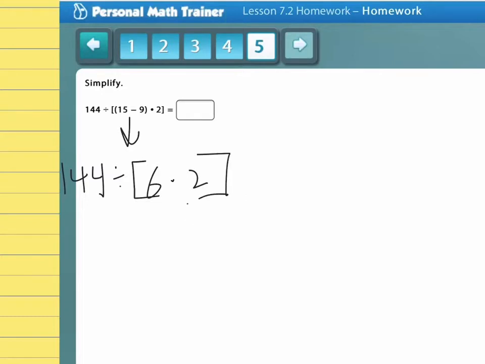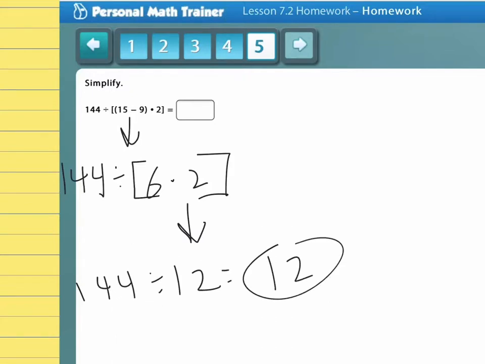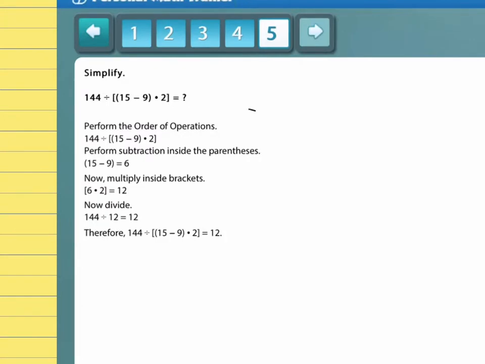And that's inside the bracket, so I break that down. That's going to be 12, so it's 144 divided by 12, and that's going to equal 12. And there's the explanation here, and we nailed it, so we are awesome.